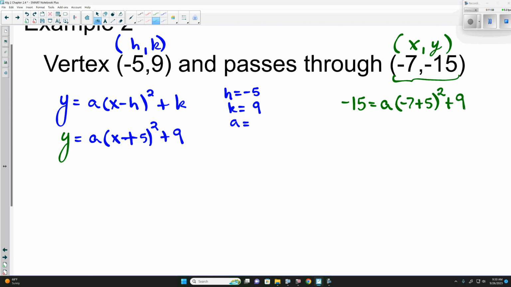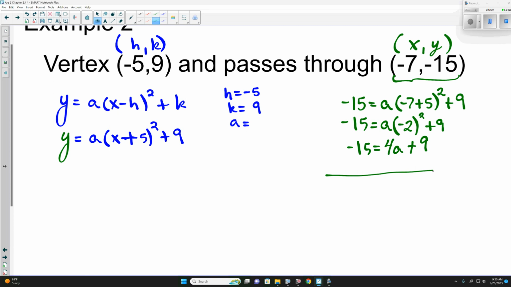Questions on this here? We could do -7 plus 5. -7 plus 5 is -2 squared. Almost. 4. Because -2 times -2 will be +4.